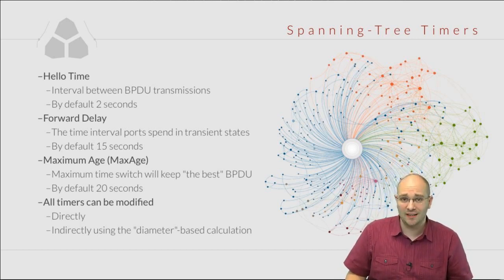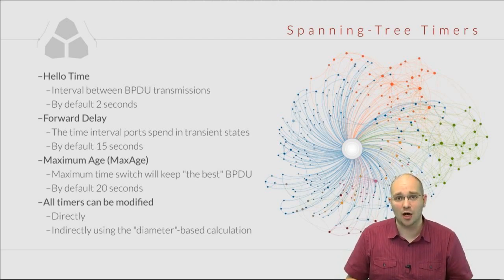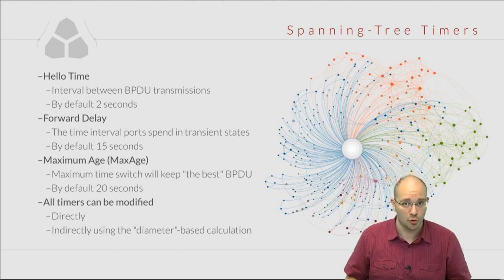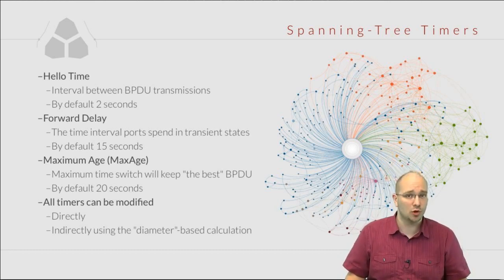By default, it's 20 seconds and it controls how long the switch will preserve a copy of the best BPDU. The best BPDU is the BPDU received from the switch that is closest to the root from the receiving switch's point of view. All of these timers can be modified.